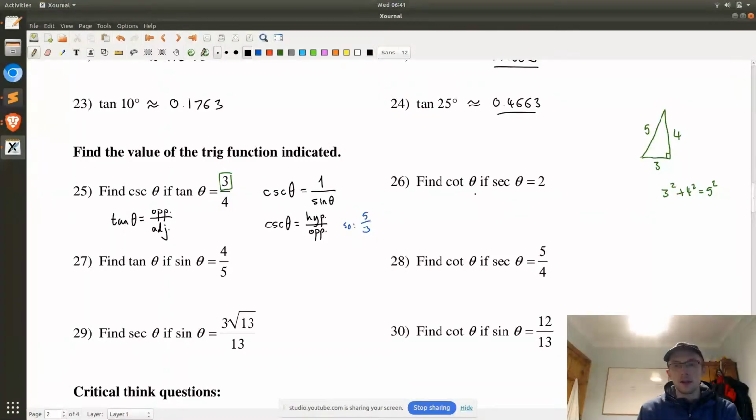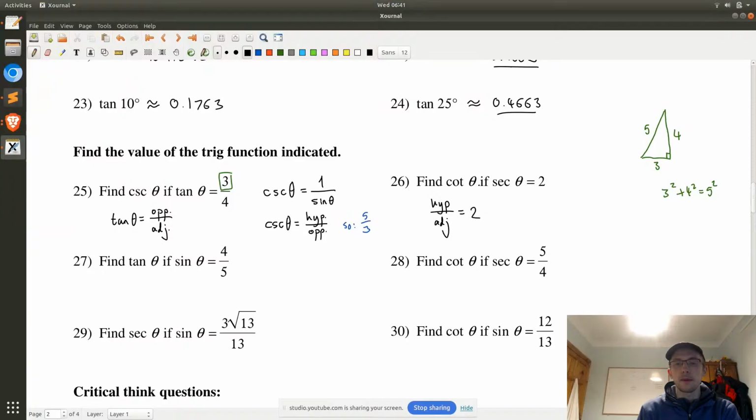Okay. Find cotangent of theta if secant of theta equals 2. Secant of theta is 1 over cosine of theta. Cosine of theta, going by SOHCAHTOA, is adjacent over hypotenuse, and therefore secant of theta is hypotenuse over adjacent. Cotangent of theta, remember TOA, is opposite over adjacent.